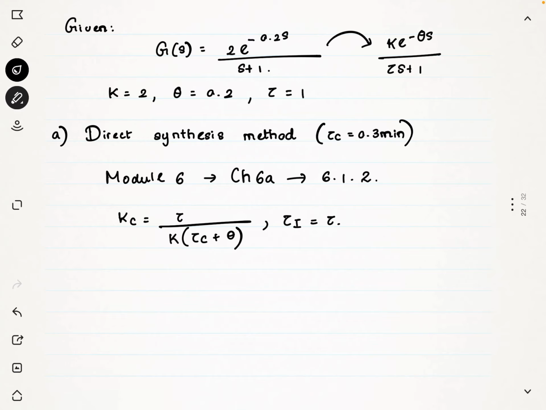If we substitute all the values which we know, we get Kc is equal to 1 by 2 into 0.3 plus 0.2, which is equal to 1. Tau I is equal to tau, which is equal to 1.